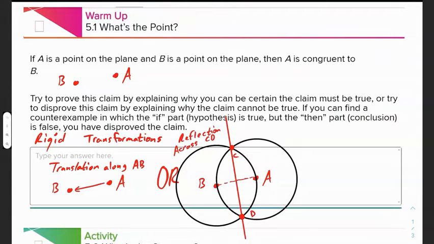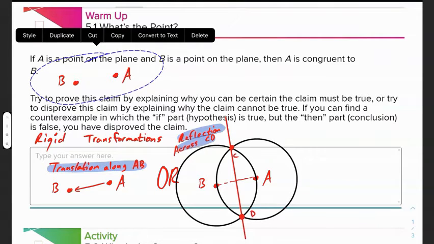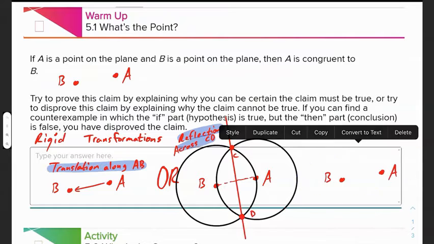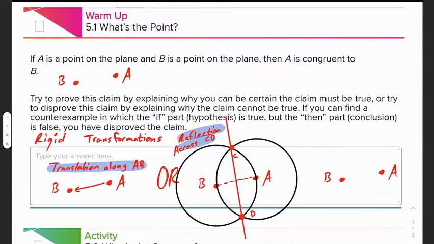So we had a translation and a reflection. We could have also done a rotation. Let's take a look at rotations. Let me pick a better point here. I want to pretend that's the midpoint right there.